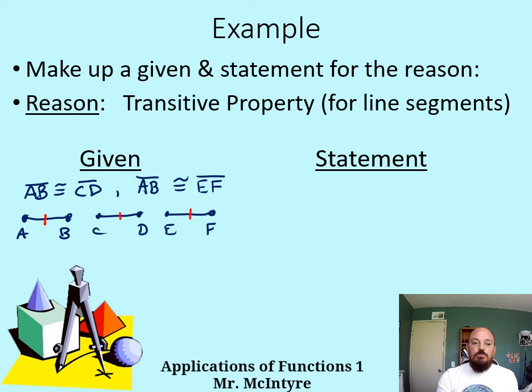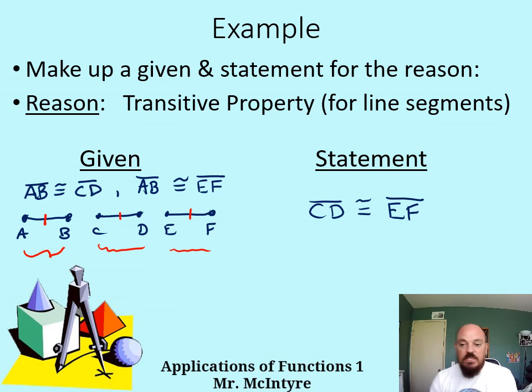Well, the transitive property says if AB, this one, is congruent to CD, and it's also congruent to EF, then CD and EF have to be the same thing. So that's going to be my statement. My statement is going to be line segment CD is congruent to line segment EF. And the reason for that would be the transitive property using line segments.